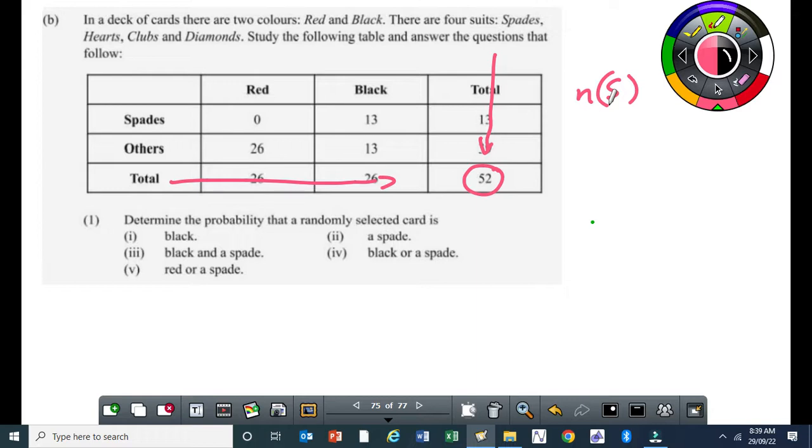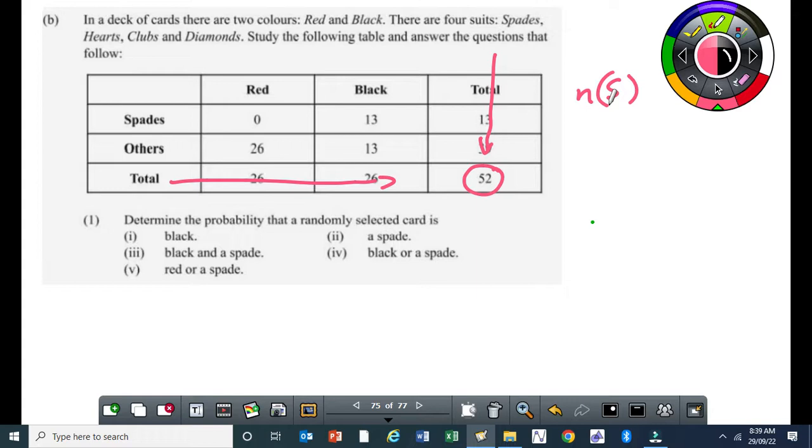That's the total in the sample space. So whenever you are doing calculations on the contingency table, especially probabilities, first check if your n(S) is there. If it's not there, then you might need to calculate it. Okay, so let's just answer the question.